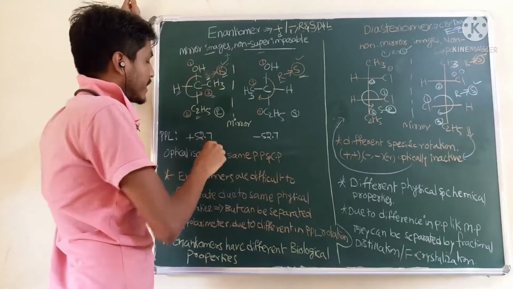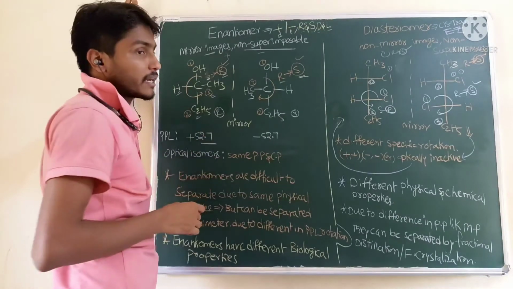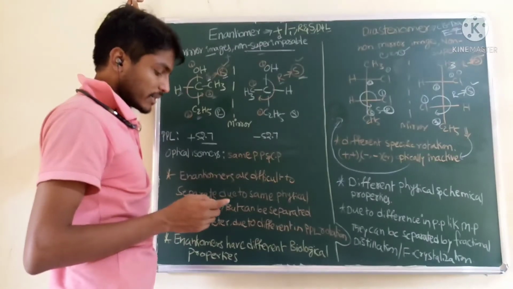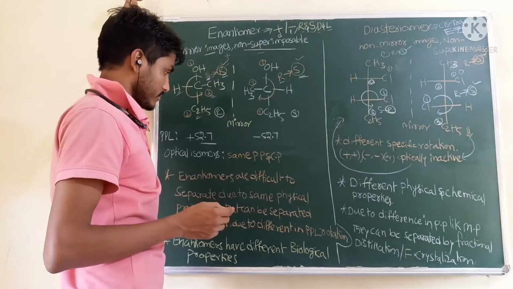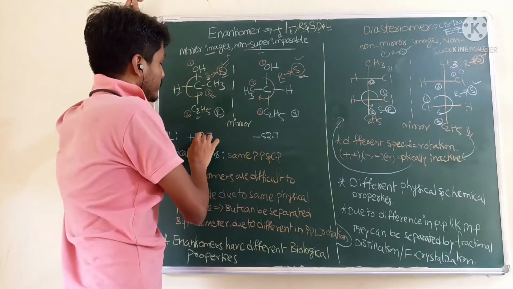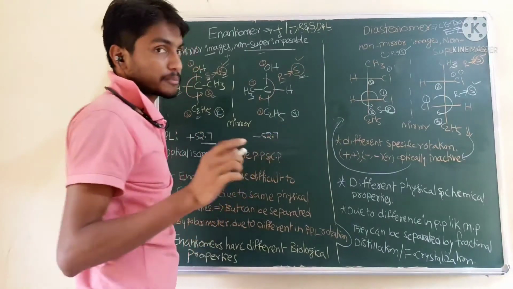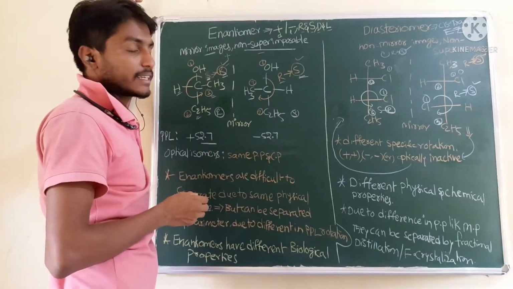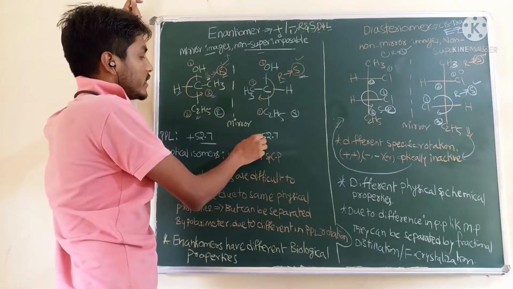But see, these have specific rotation. They will rotate plane polarized light. Specific rotation is the same, see, 52.7, 52.7, but their sign is different, here positive, here negative.